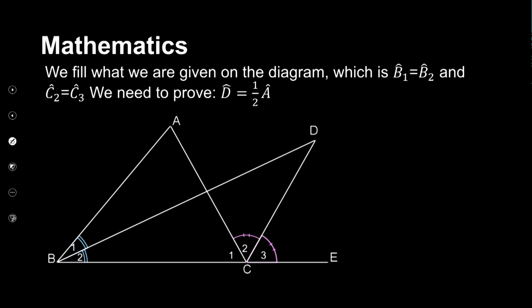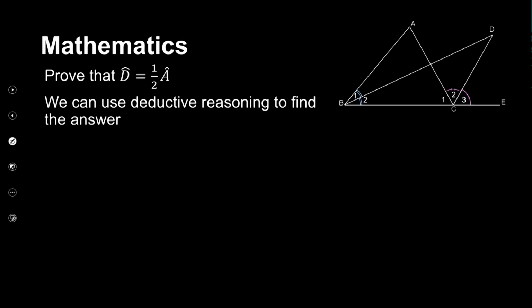But first, I add all the information that I know, and then I'm going to apply that by using deductive reasoning. So now what do I know? I know that C3 is equal to D plus B2, right? And this will be because it is an exterior angle of a triangle, right?